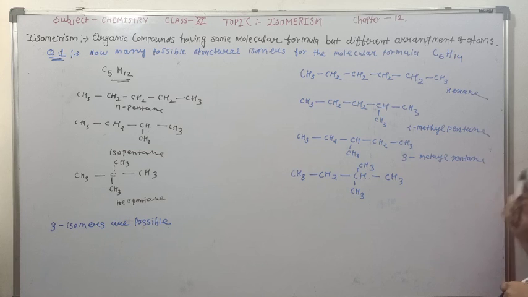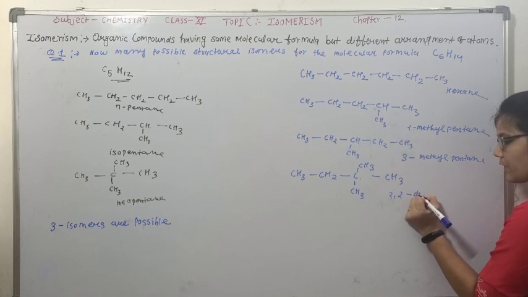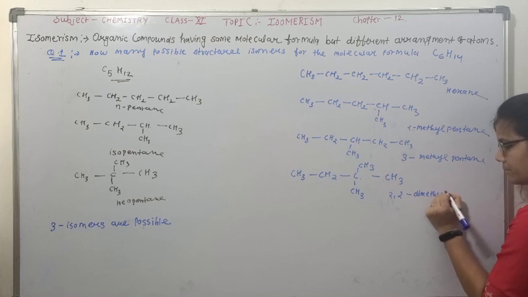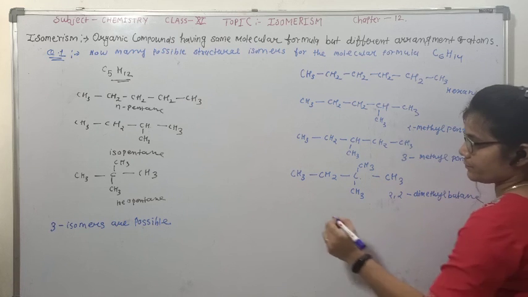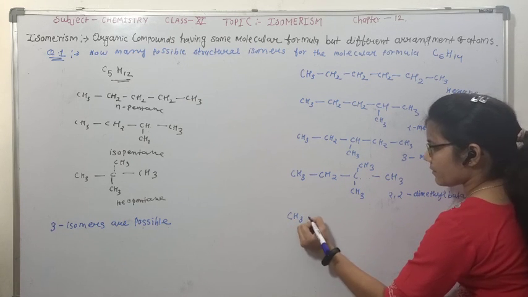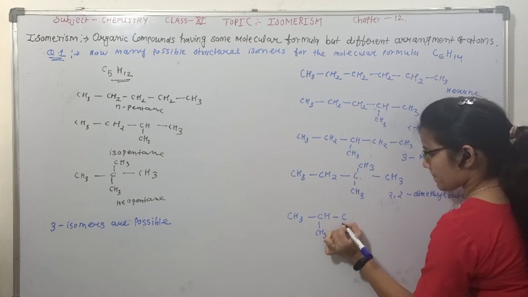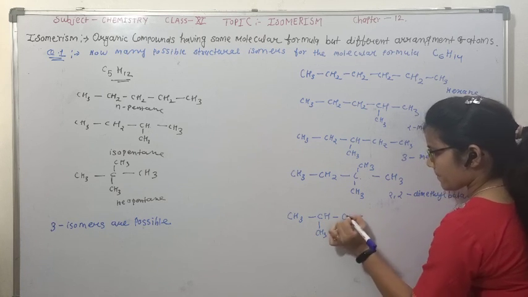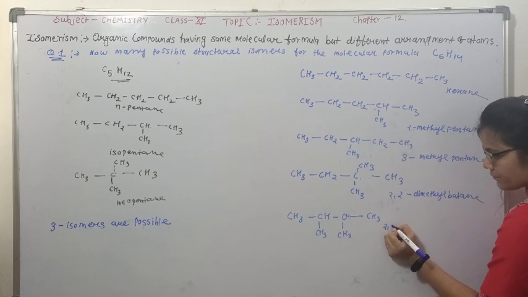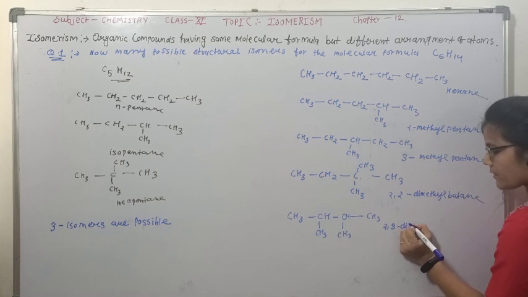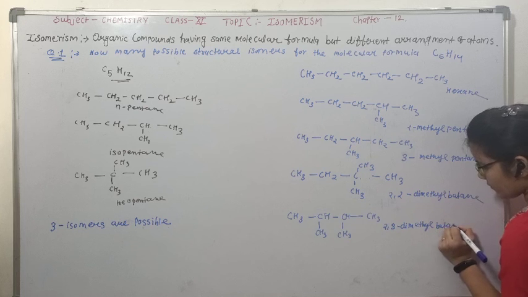So we have 2,2-dimethyl butane, or we have 2,3-dimethyl butane.